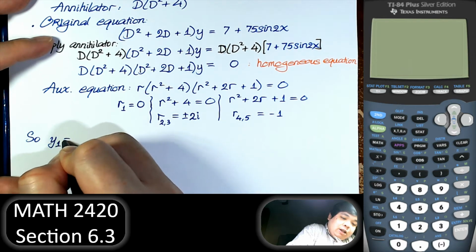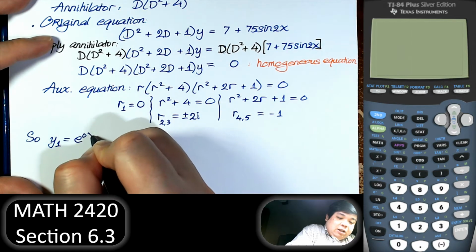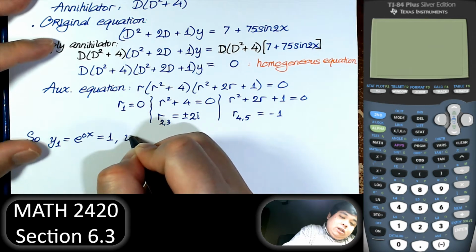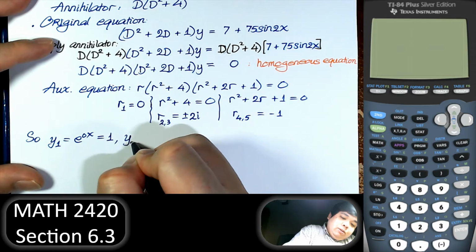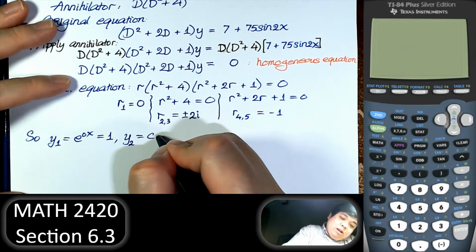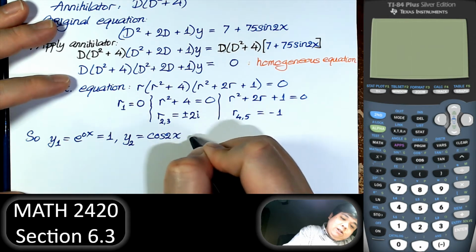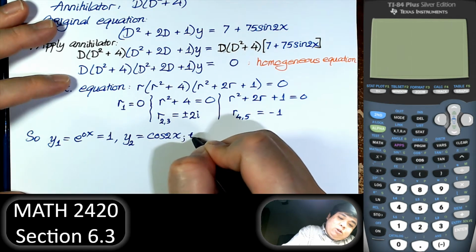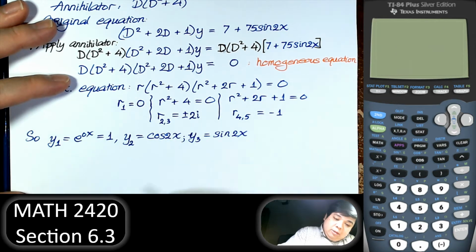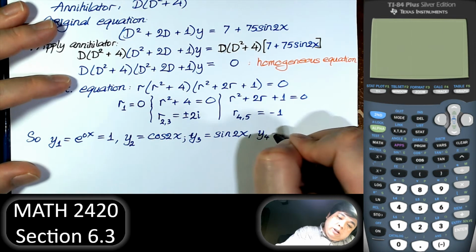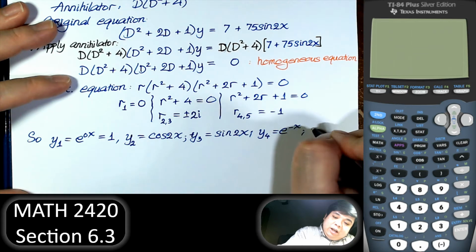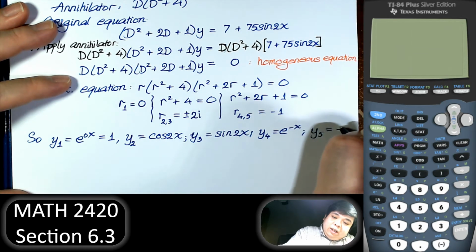y1 is equal to e to the 0x, which is 1. y2, for 2i we have cosine and sine, so cosine 2x. And then y3 sine of 2x. y4 e to negative x, and y5 e to negative x.